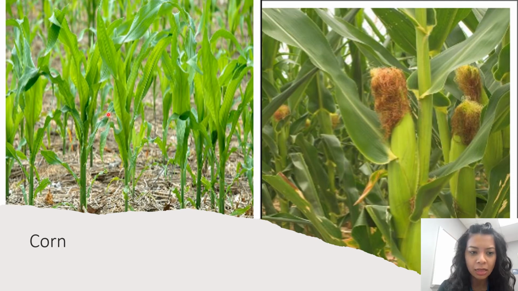The leaves are very long, they're narrow. As well here, they look the same as like they were a baby. They're just longer because they're adult plants. And over here, we don't see the corn just yet because it's a baby plant. But when the plant is fully grown and it becomes an adult plant, we see that the corn is already starting to come out.